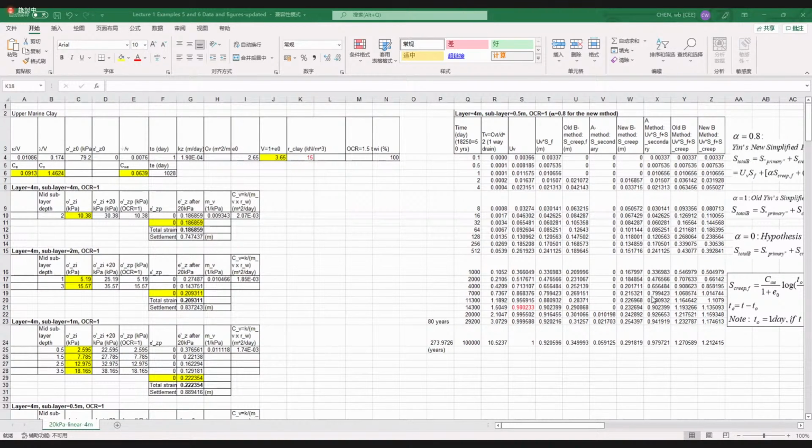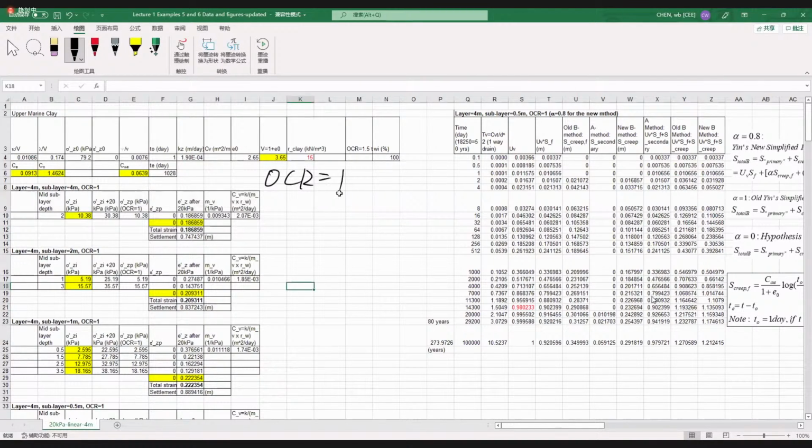Okay, so for the first case, the OCR here is equal to 1, which means the settlement happens or occurs along the NCL line.